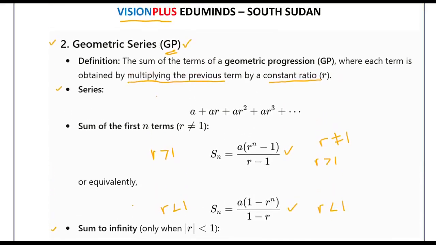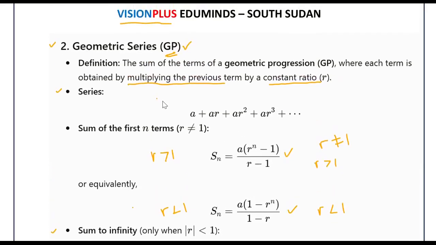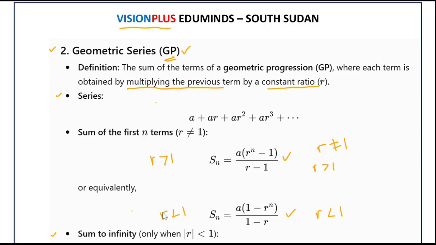So a quick summary: a GP is defined by a common ratio of terms. The sum of n terms depends on the value of R. If R is more than 1, you use this formula, and if R is less than 1, then you use this formula. That is the takeaway.